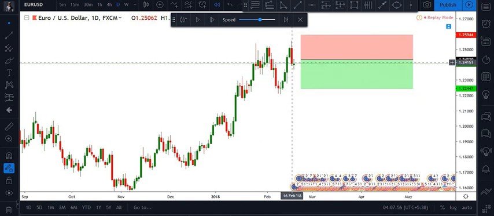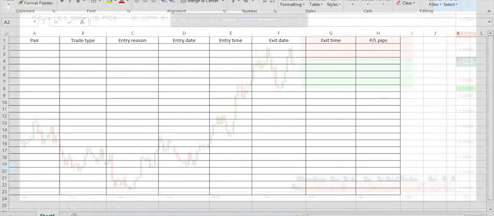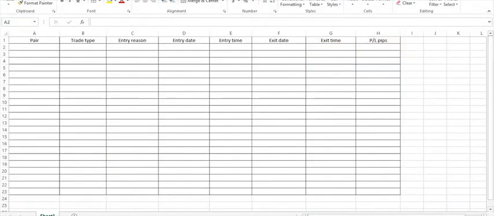So we entered the market on the 16th of February in 2018. All right, the pair is euro dollar. Trade type: sell.